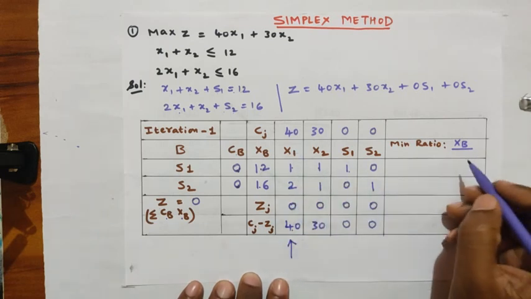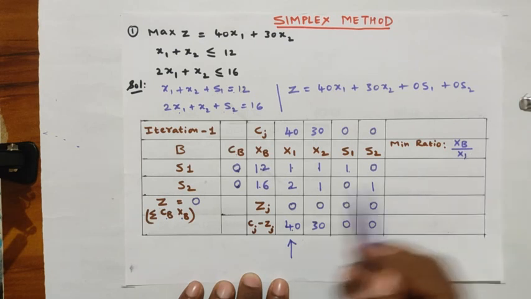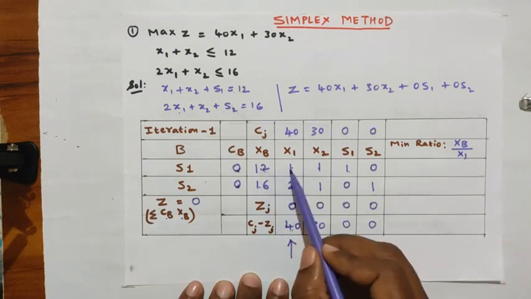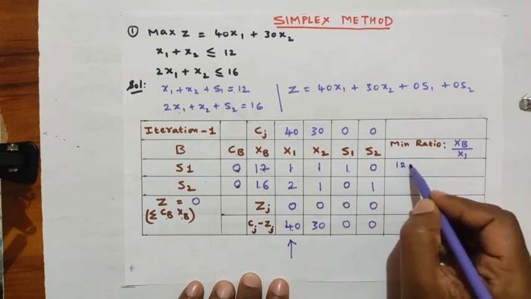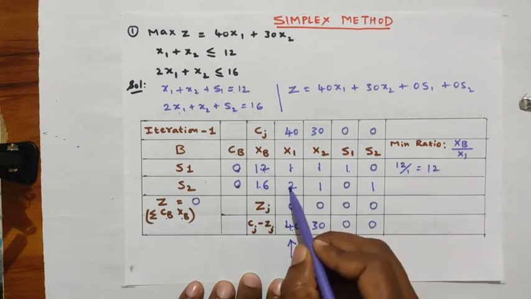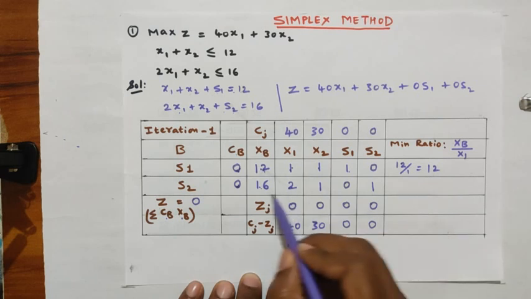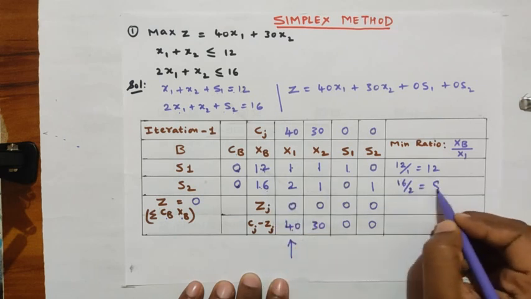xb by x1. Here xb is 12, so 12 by 1 is 12. Similarly, 16 by 2. The value is 8.